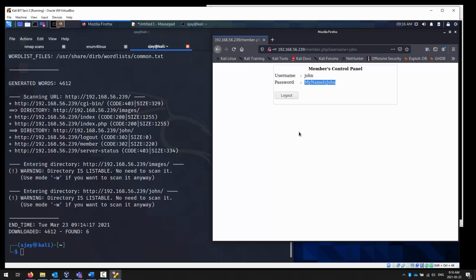Alrighty, let's move on. So, we found a username. There is a password that says my name is John. We know users are lazy. We know users sometimes reuse their credentials. Let's try that.